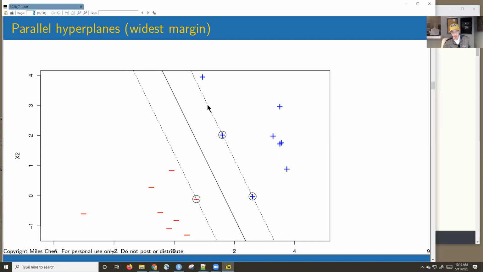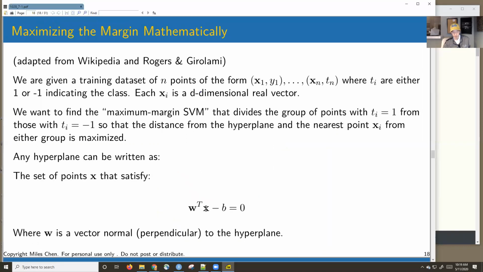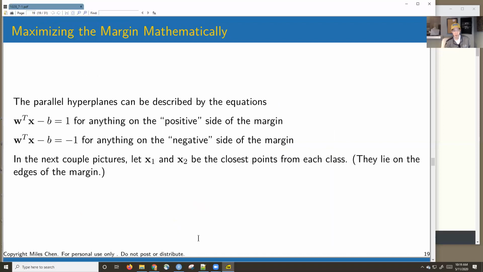So w dotted with x will equal some value here, and that will hold for everything along this line, and it will also be true for everything along this line. Okay, so w is a vector that's normal or perpendicular to the hyperplane.